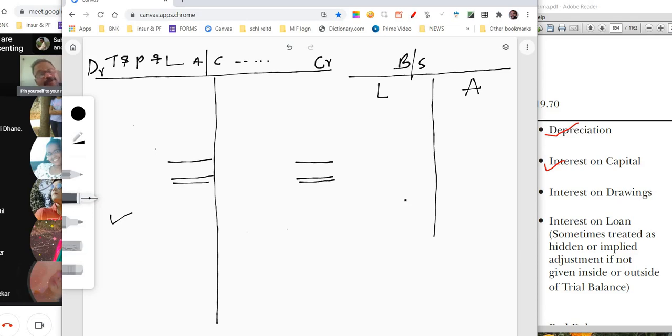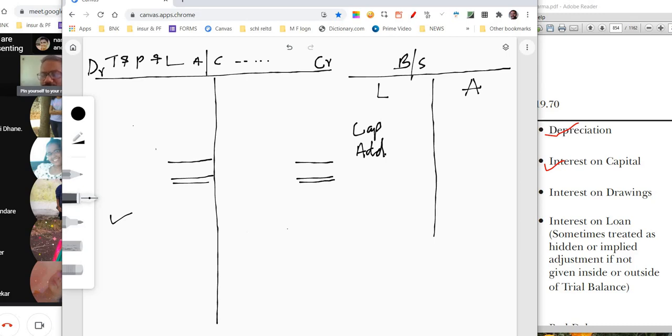If there is capital in the liability side, to the capital we add interest on capital. We add some items, some figures in the balance sheet to the capital. One is this interest on capital, of course.